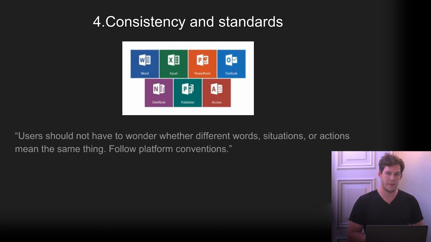Another example could be a mail client. They're pretty much similar. You expect a menu to the left maybe with an inbox, a sent folder, a draft, and stuff. They follow a pattern and a standard that's out there.